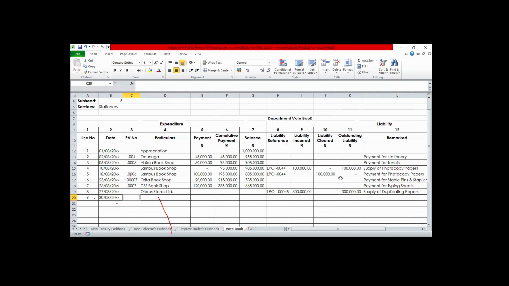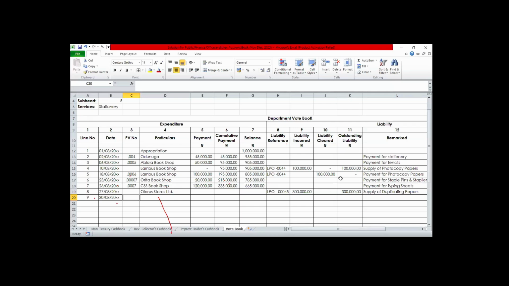From the Dozy Bookshop, abi? Yes, sir. That 300,000 is not for Olorus. You need to understand that. Is it clear? It's another store that they bought something from.